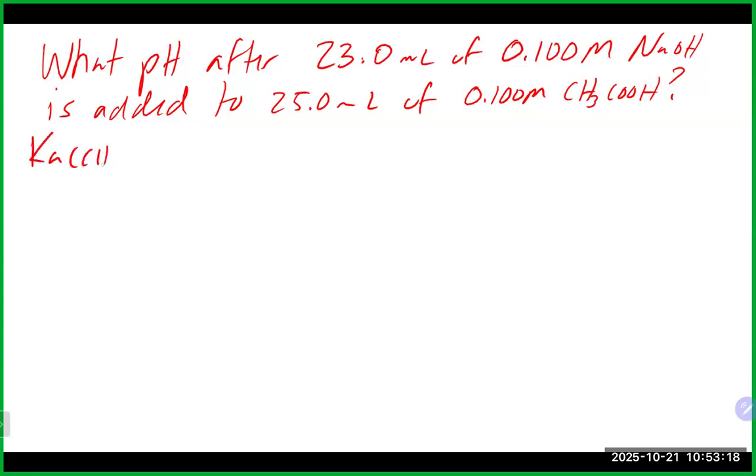The Ka of acetic acid is 1.8 times 10 to the minus 5. All right, take a few moments, calculate it, and see what you end up with.